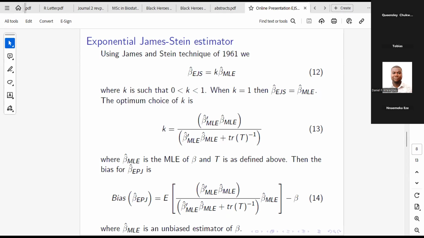So our expected value of the exponential James-Stein would be the expected value with that coefficient K, which is shrinking the maximum likelihood estimator, and we subtract the parameter or the coefficients of regression it is estimating.